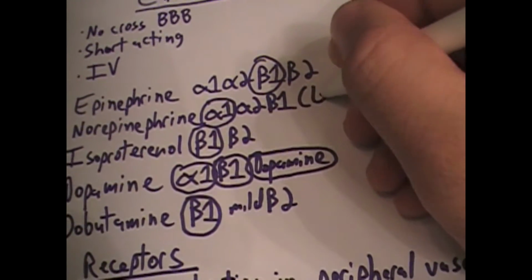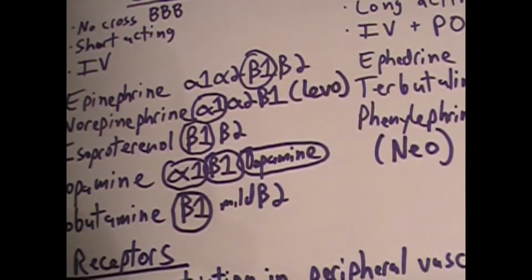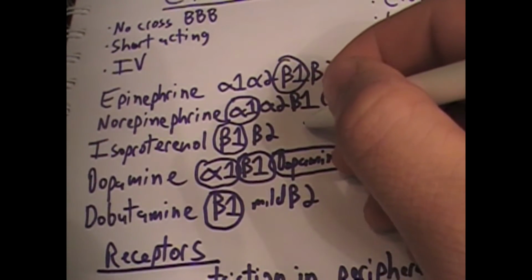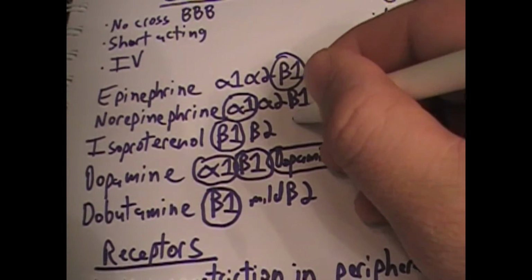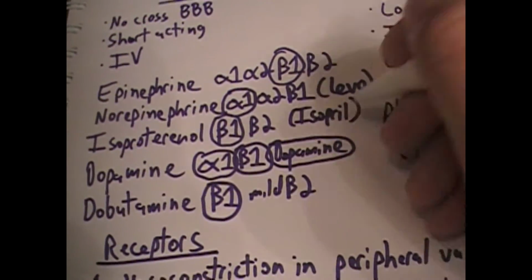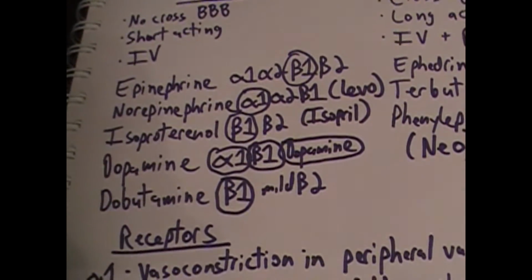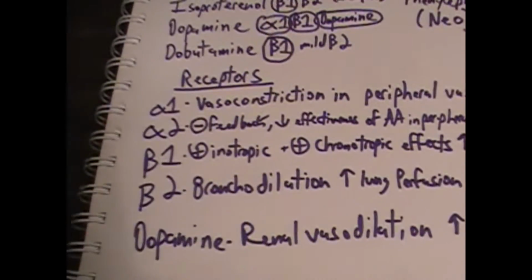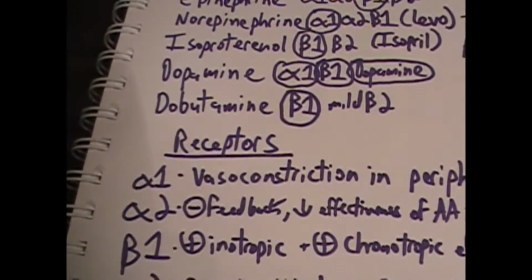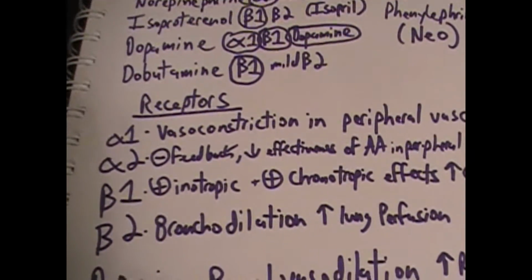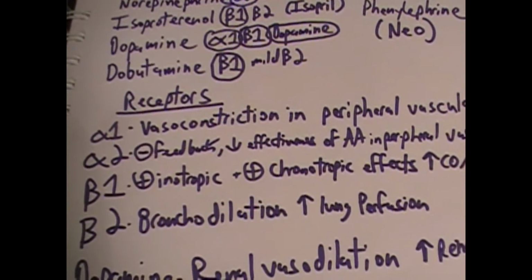Norepinephrine is also known as levo. Isoproterenol is also known as isopro. So those are the other names for the medications.